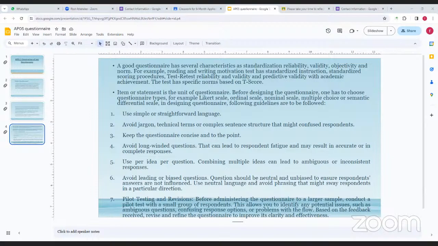Sir, is there any range of validity like reliability? There is some range. If it is more than 0.7, you can think that it is good. And if it is more than 0.8, that means it is very good.